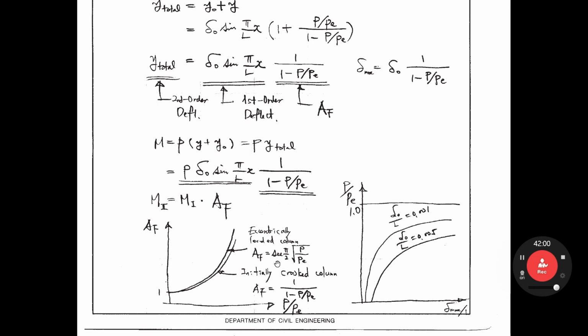Do you remember? Secant of pi over 2 times the square root of P over PE. If we draw this one also, the curve looks like this. Yeah, they are very similar. If we draw P over PE, P increases from 0 to PE, then we can draw delta maximum over L. For the initial deformation ratio over L equal to 0.005, we can draw a curve like this.